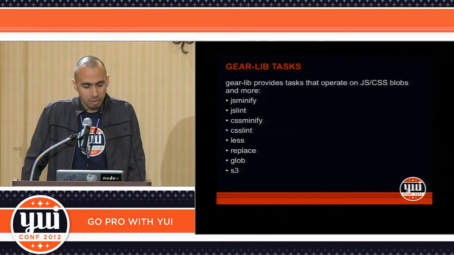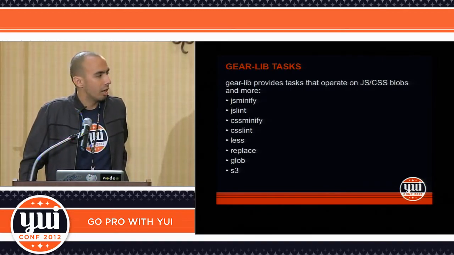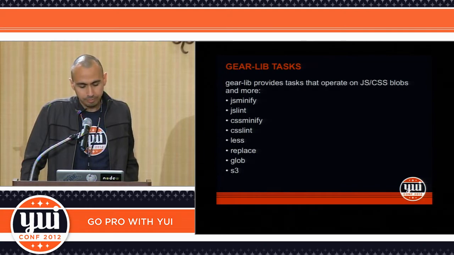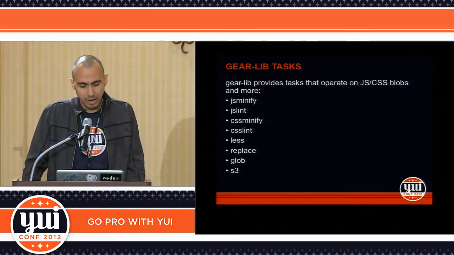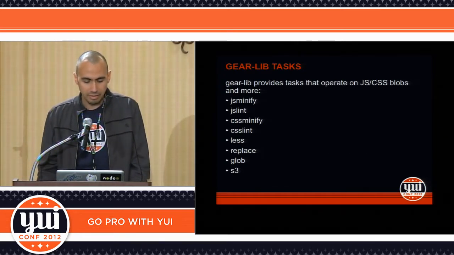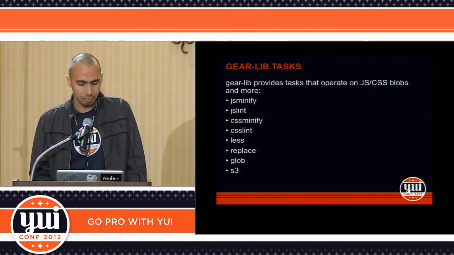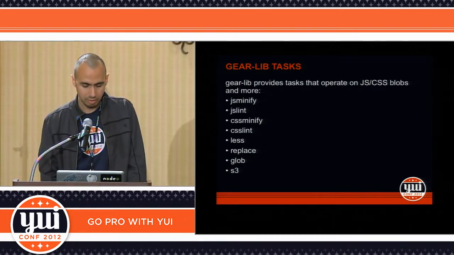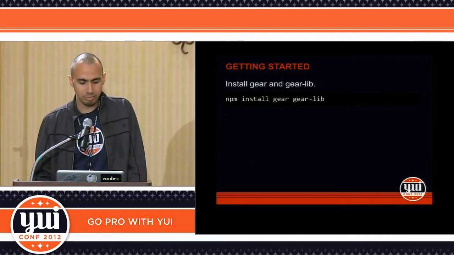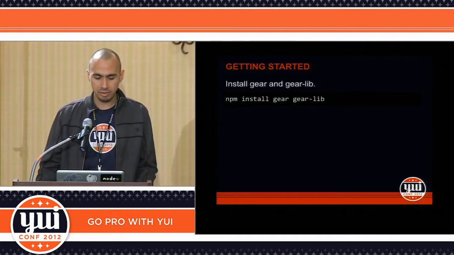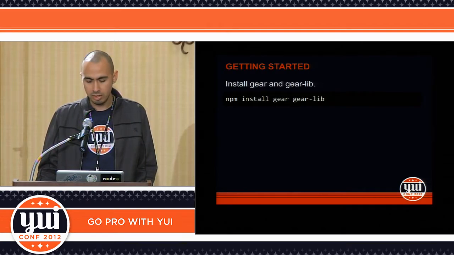And then glob is wildcard file loading. So you can say load files star.js, and it'll find all the files in that directory. And then S3, you can deploy your assets to Amazon's S3 service. And so how to get started using Gear.js, you can npm install gear-lib.